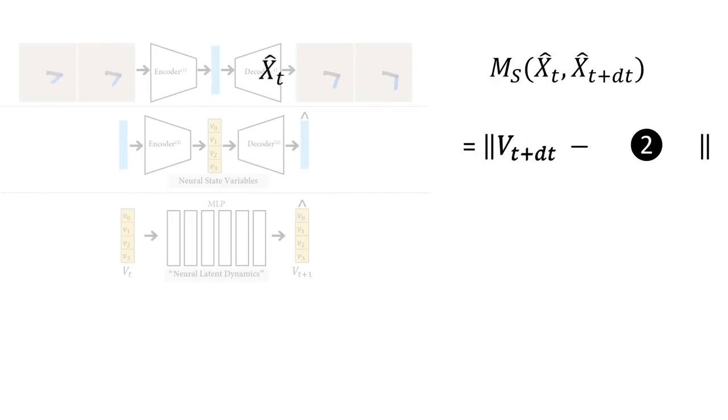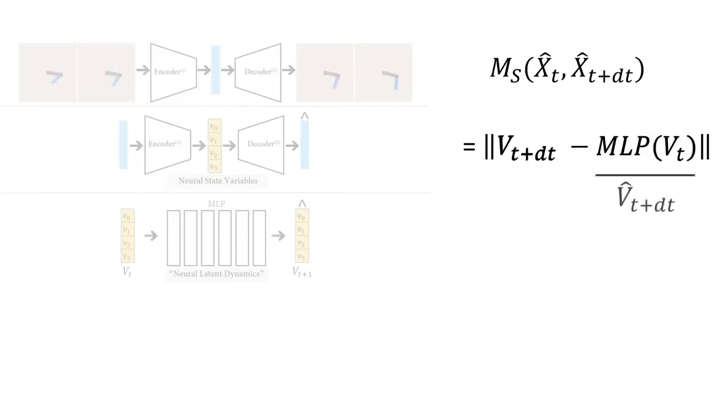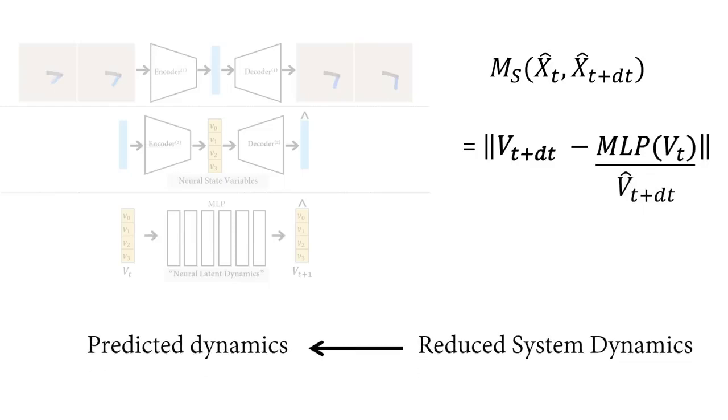The second quantity can be calculated by first projecting the predicted image at t into its neural state variable, and using the neural latent dynamics mapping to predict its next neural state variable. Intuitively, the distance between these two quantities measures how far the predicted dynamics, reflected by the given predicted sequence, deviates from the reduced system dynamics projected onto the space of neural state variables.